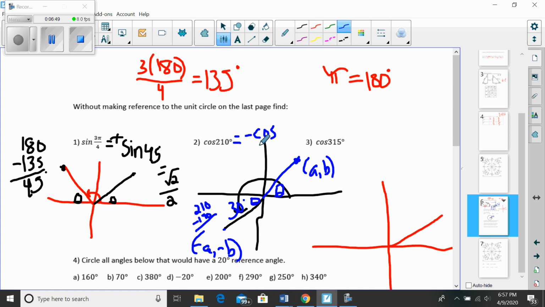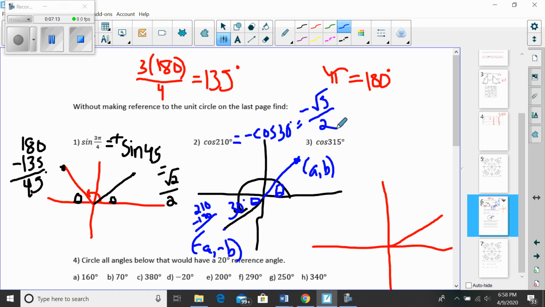Because the x coordinate has the opposite sign, the negative cosine of 30 degrees. And again, I hope you have that memorized. Cosine of 30 is radical 3 over 2. So my answer would be negative radical 3 over 2.